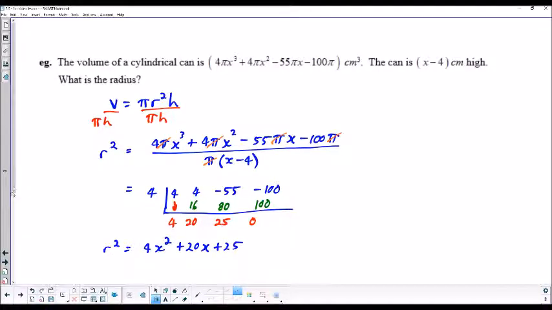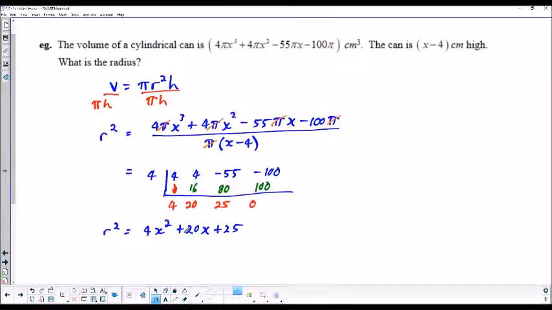And a keen eye would see that 4x squared plus 20x plus 25 is a special type of factoring. I see that the first term is squared and the last term is squared, so that could be 2x plus 5. The key, though, is I have to multiply these two together, 2x times 5 to get 10x, multiply that by 2, and I see I do get that middle term.